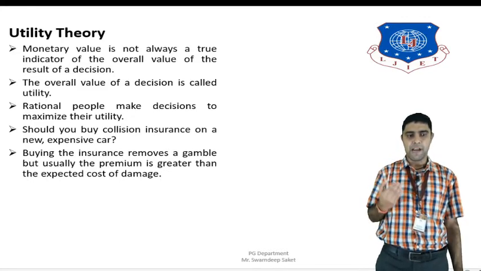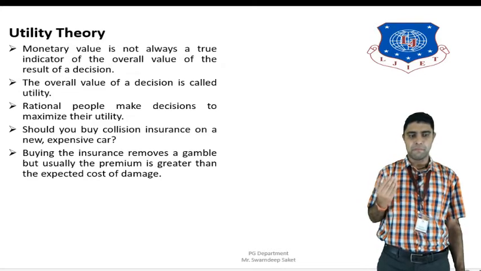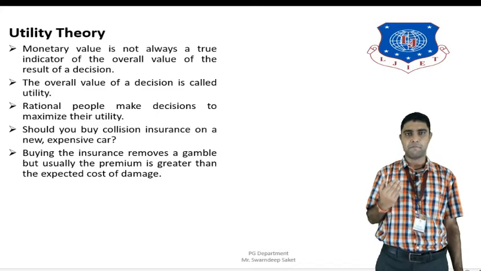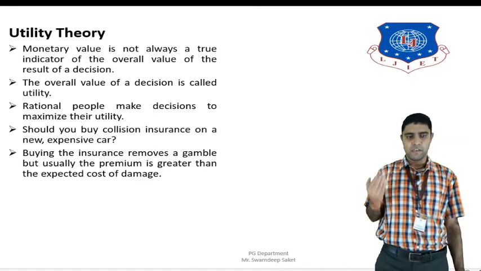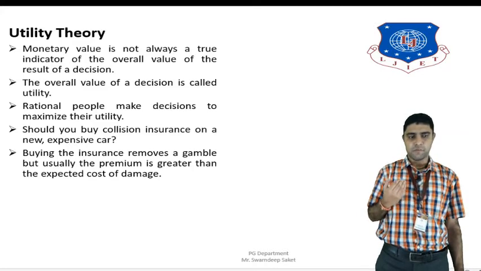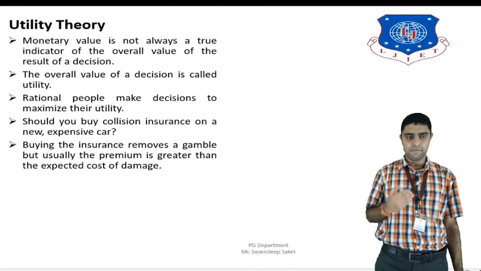If we buy insurance for the new car, it removes one type of gambling, but usually the premium is greater than the expected cost of damage. So the premium value will be more than the expected damage cost for the car. This is an example of utility theory.